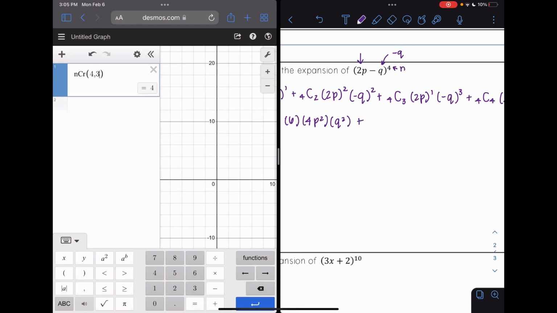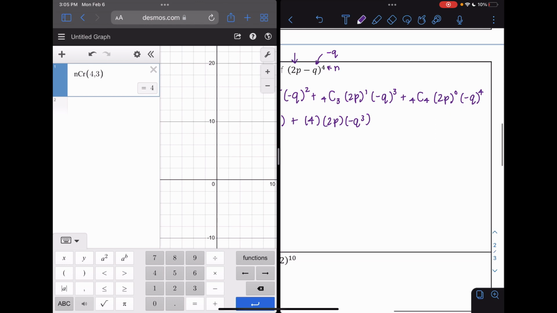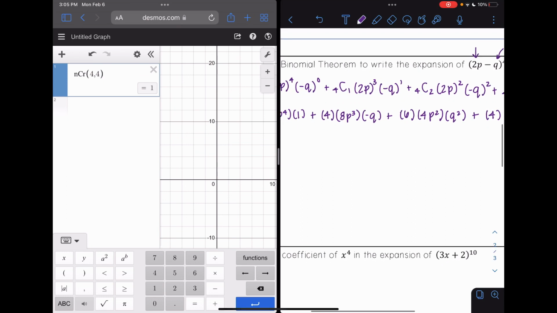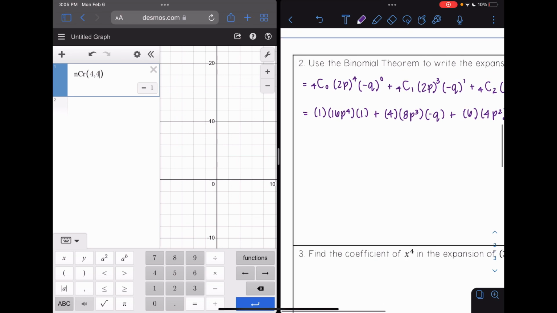Then 4c3, I get 4. 2p to the 1st power is just 2p. Negative q cubed is negative q cubed. And then 4c4, that's just 1. 2p raised to the 0 power is 1. Negative q raised to the 4th power is q to the 4th. And then I just need to simplify.